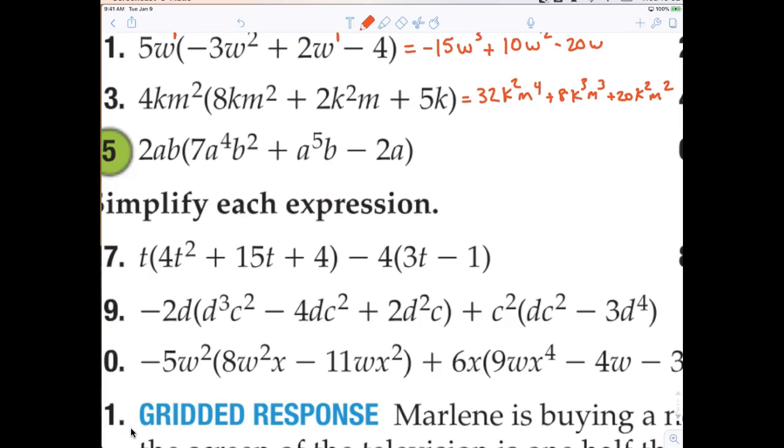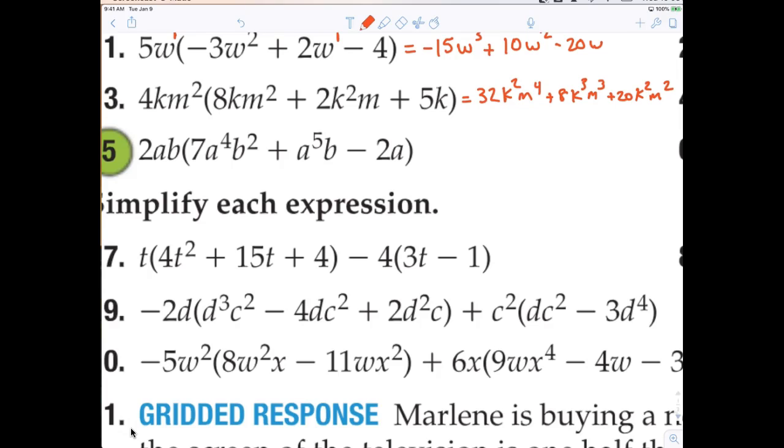We said largest exponent to smallest exponent, in descending order. Then there are going to come times where you just can't do that. Right now I'm not really testing you on descending order. We're just going to distribute, because they break their own rules in their problems here. They do things out of alphabetical order, which I don't think you should do. But I've looked through their notes, and they just want you to go ahead and do the multiplication.